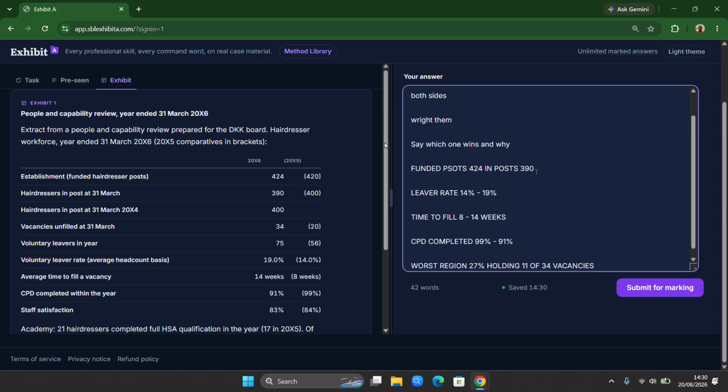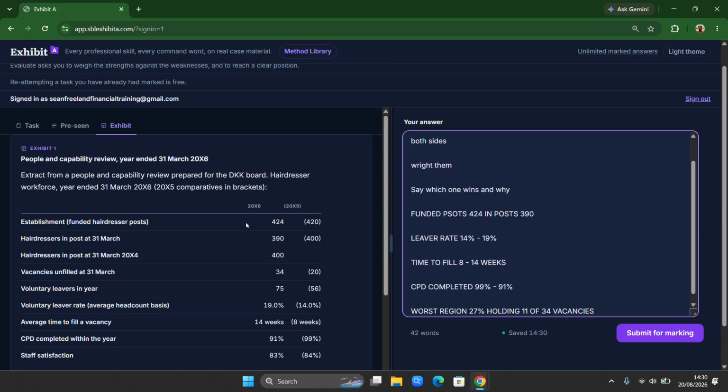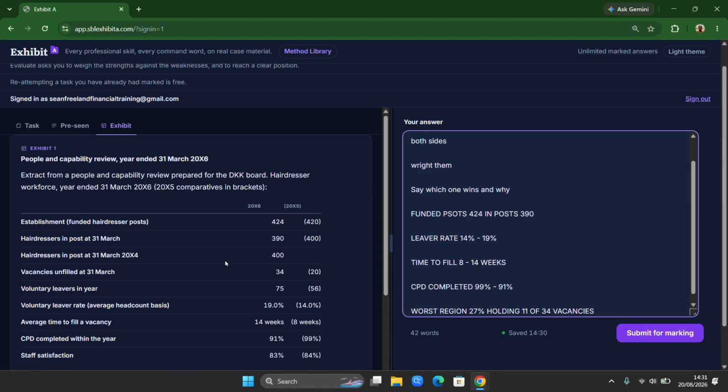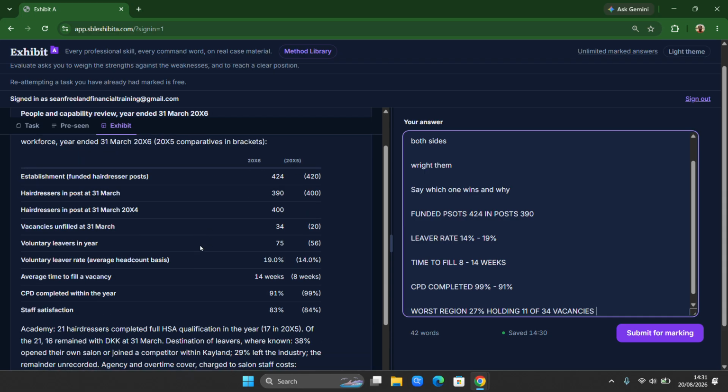vacancies. So if we look at the data here from DKK, I've picked out the headlines and what becomes most important. In the exhibit there are a number of lines, but I'm only actually going to use 4 of them. The funded posts against posts actually filled: we've got 424 funded, 390 held.